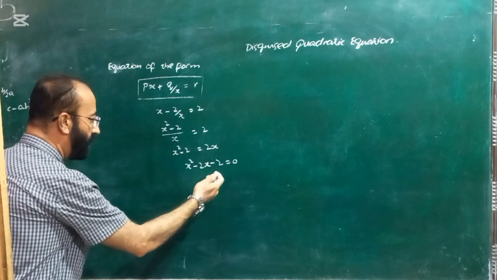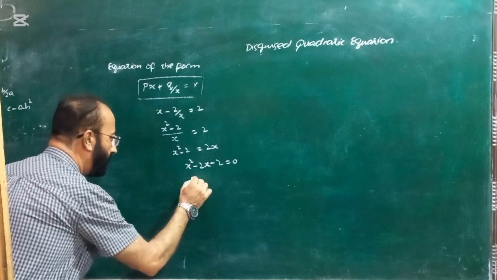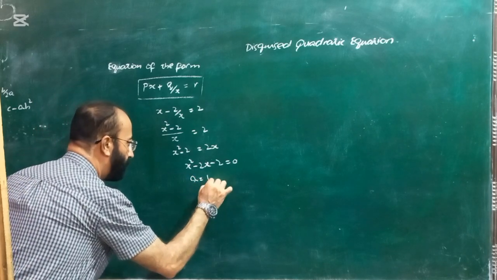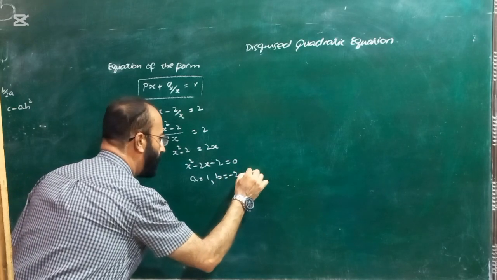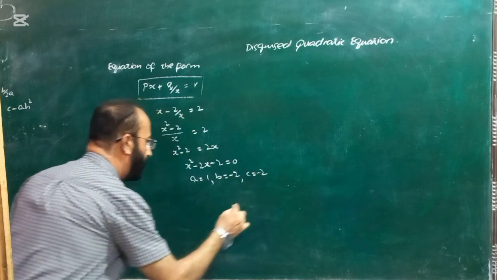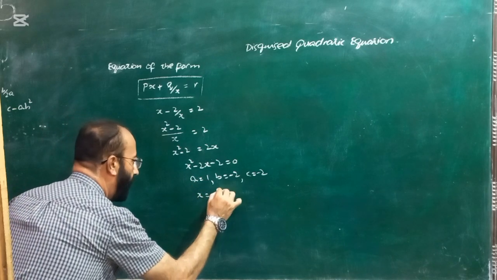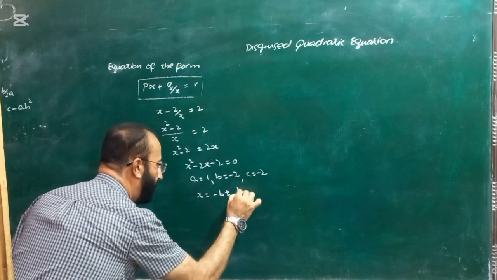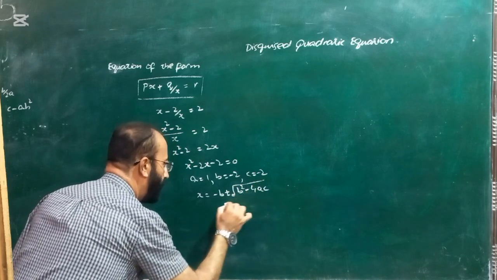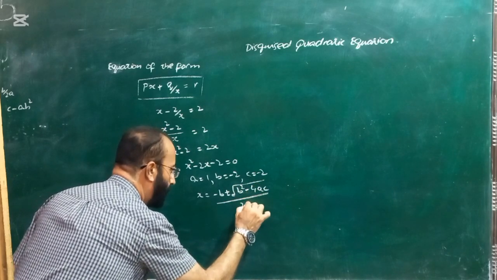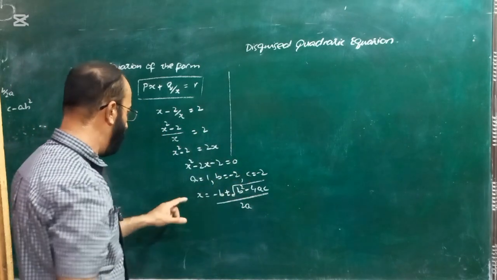This is the equation which is going to be solved now. So use the quadratic formula. From here, a = 1, b = -2, and c = -2. So x = (-b ± √(b^2 - 4ac)) / 2a. This is the quadratic formula, and now we are going to put the values into the formula.